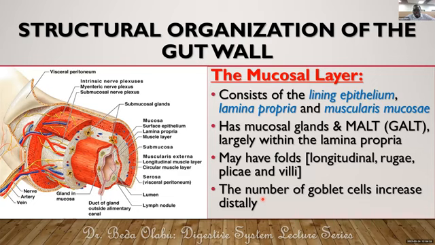The number of goblet cells present in the lining epithelium, within that simple columnar epithelium, increases as you move down. So you'll expect that the rectum will have more goblet cells compared to the small intestine. Right, that is the organization of the mucosa.